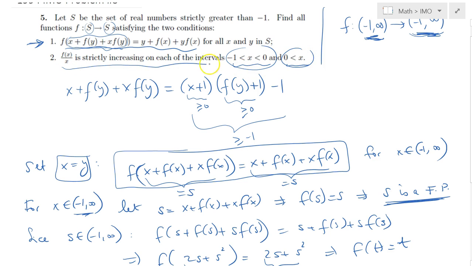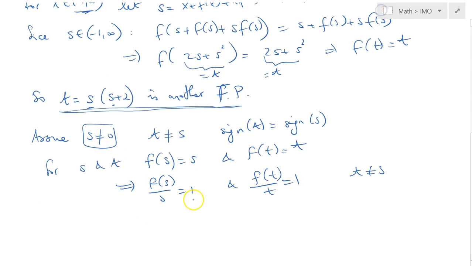Even though t and s are not equal, f of x over x remained constant. So this assumption, that s is not equal to 0, was false. Therefore, s has to be equal to 0.